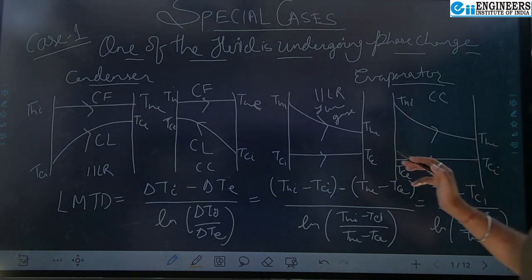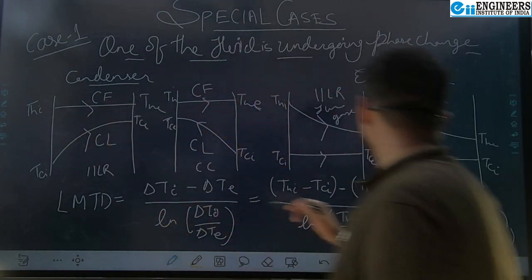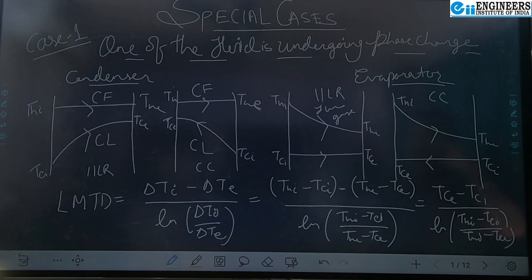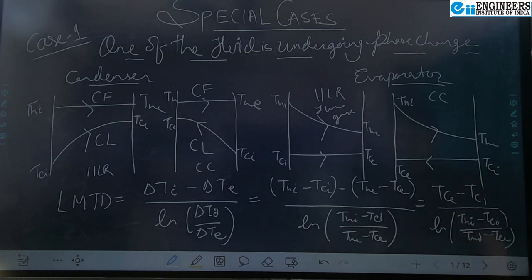Here the phase change is taking place in the condenser, so Thi equals The. In the numerator, we can cancel out the Thi and The, because they are in minus terms. Then it is Tce minus Tci divided by ln of Thi minus Tci by Thi minus Tce.